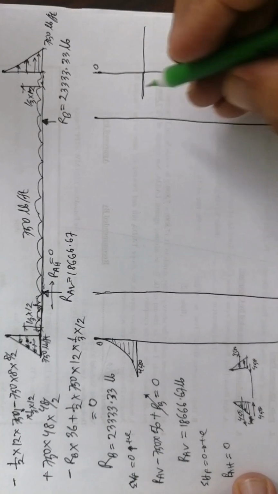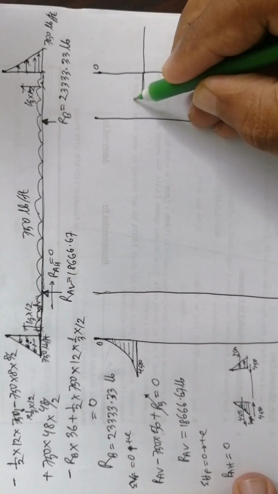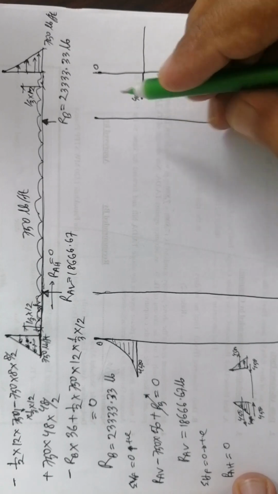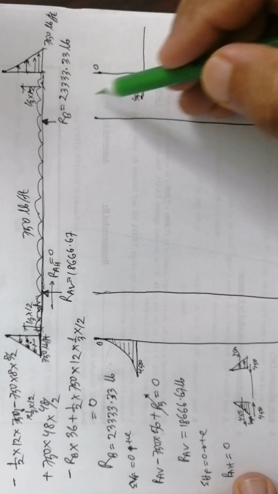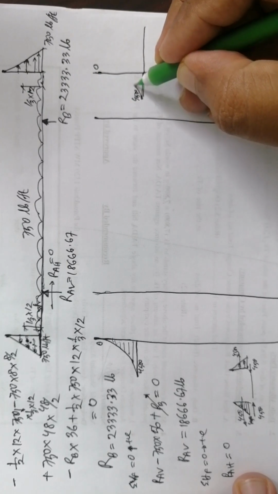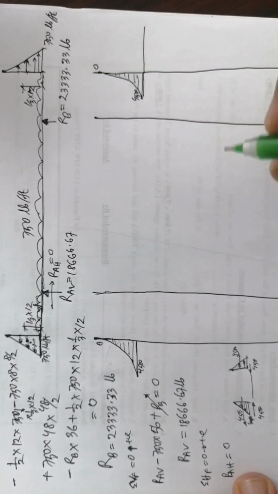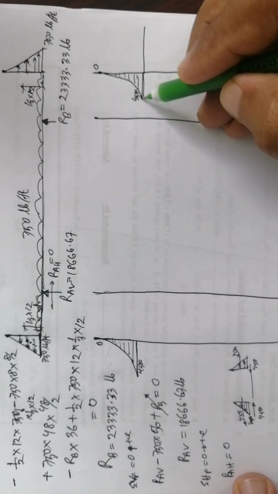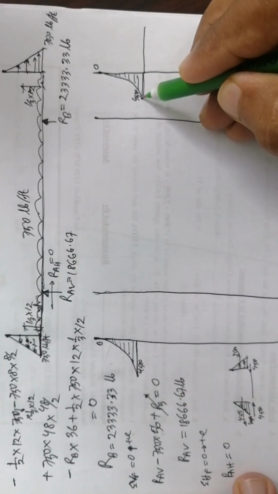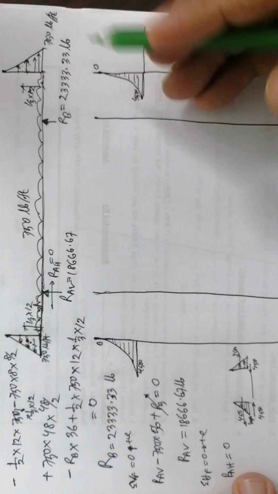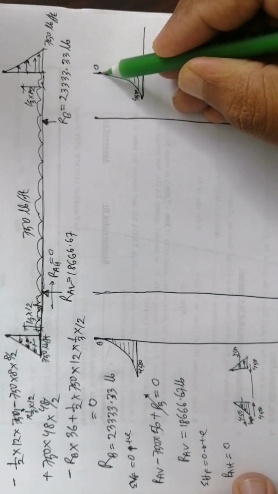So this force will be here 4500. Now for this force reduces like this, 4500. This force transits to this point 4500, and this force reduces this to 0.